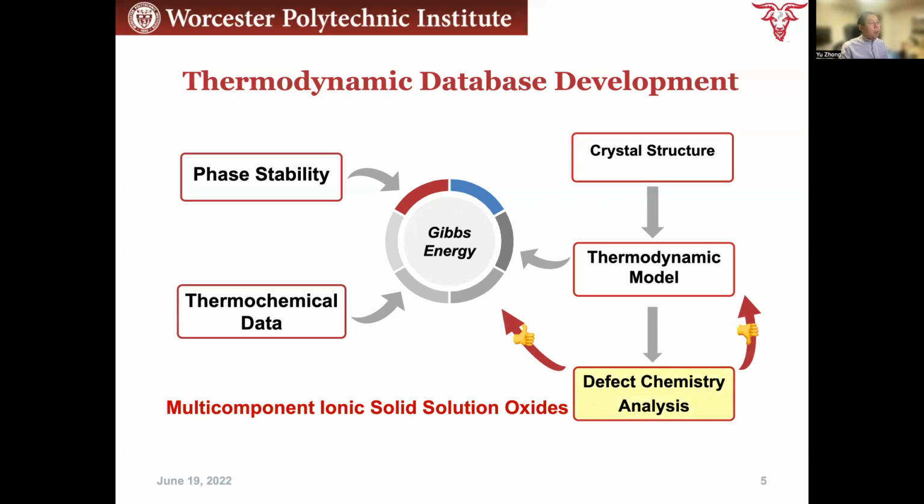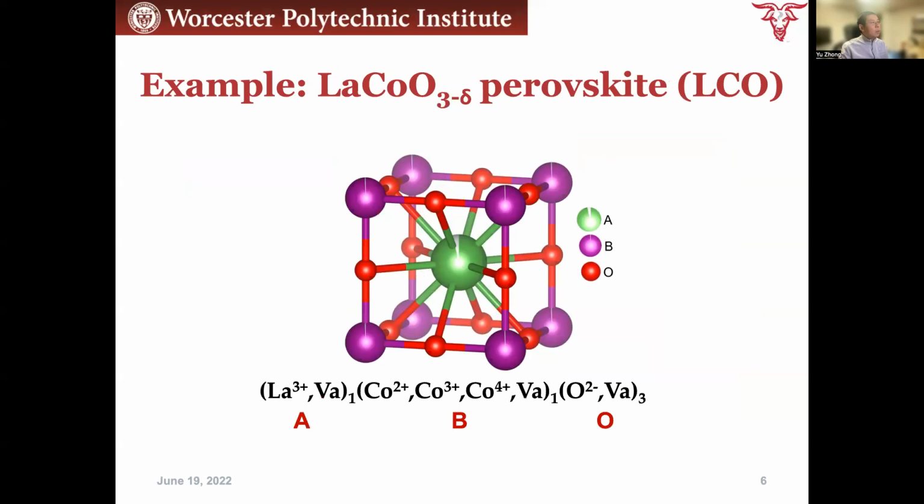As an example, what I want to show is the lanthanum cobaltite, this kind of perovskite. With our model, we model the perovskite as ABO3. On the A side we have lanthanum, on the B side we have cobalt, and the very important thing is that on the A side we consider lanthanum 3+ and vacancy.